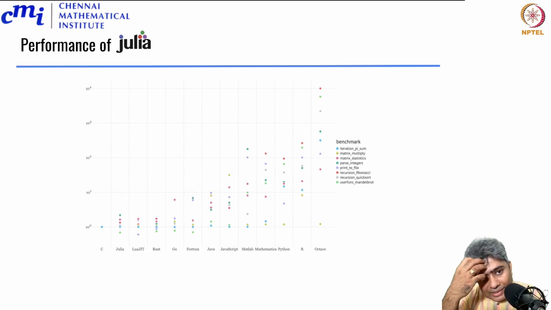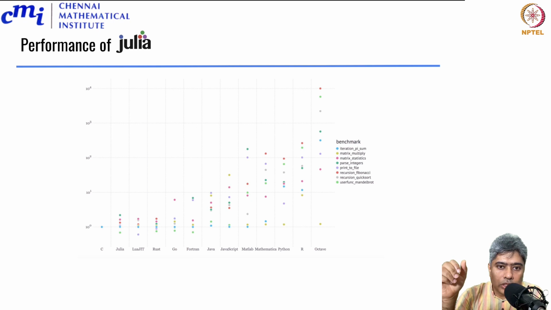So here is a comparison that I have taken directly from Julia's website. What they have done is taken some very nasty mathematical computations like iteration pi sum, matrix multiplication, matrix statistics, parse integers, print to file. These are very complicated, high complexity problem computations. Recursion, Fibonacci recursion is extremely difficult; you need dynamic programming to solve it.